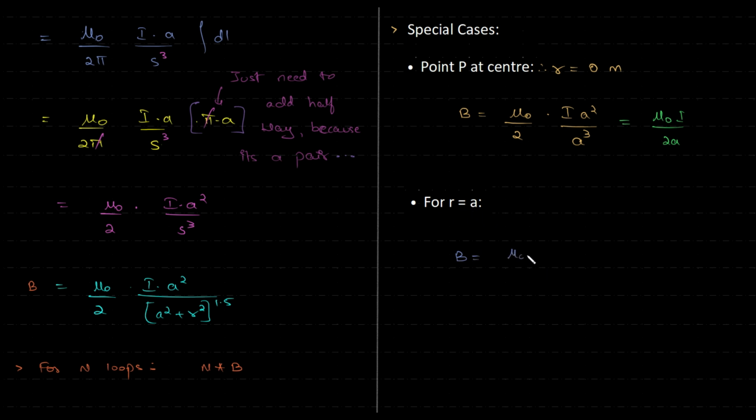So B when r is equal to a. So this will be mu naught by 2, I a square... Oh, this will be the same? Is it? No, no, no, it won't be the same. Sorry, my bad.